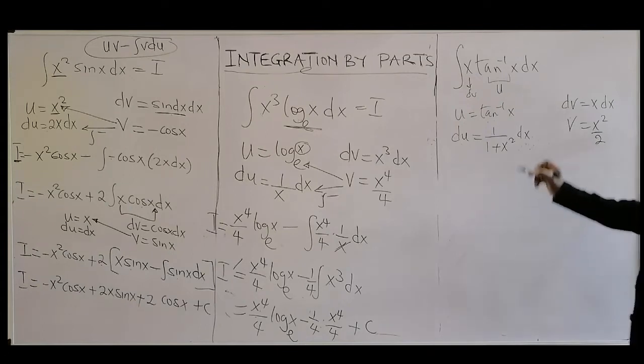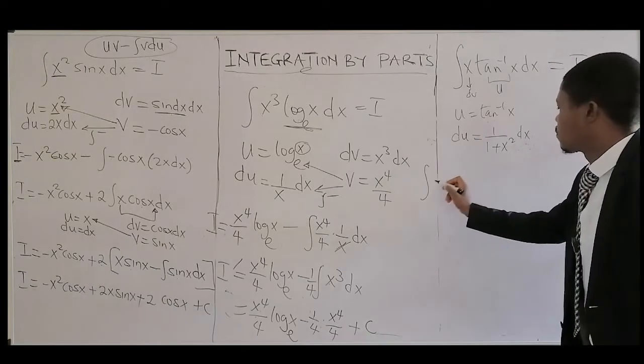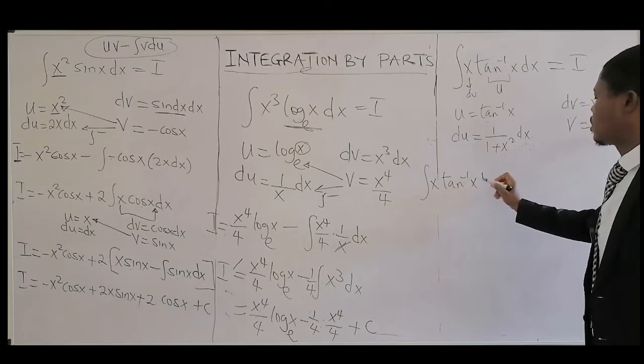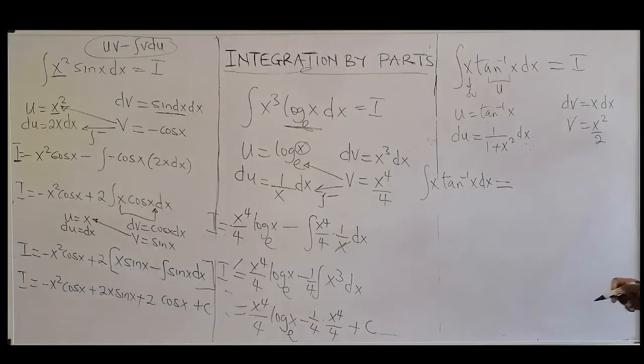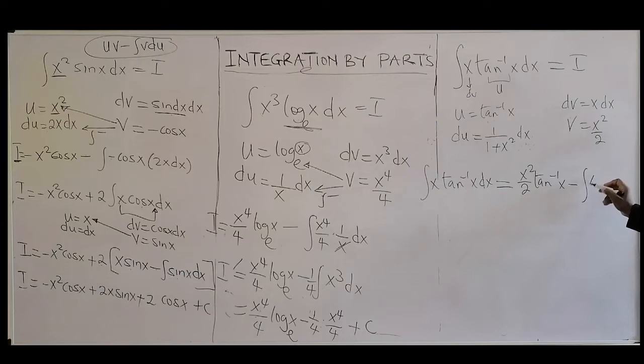You can write your question again. Integral of x arctan x dx is equal to uv. The u is x^2 over 2 arctan x, then minus the integral of v, x squared over 2, times the du, which is 1 over 1 plus x squared dx.